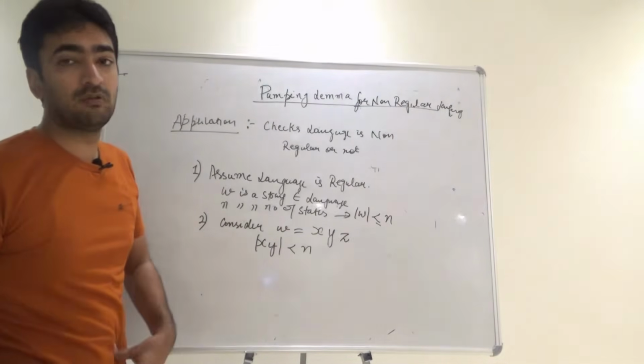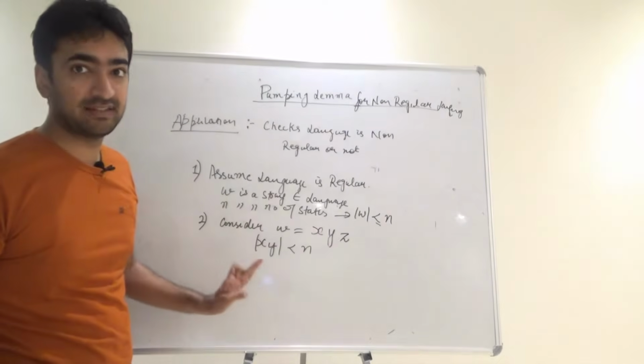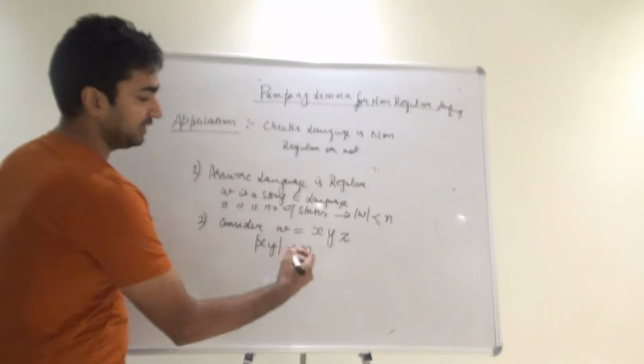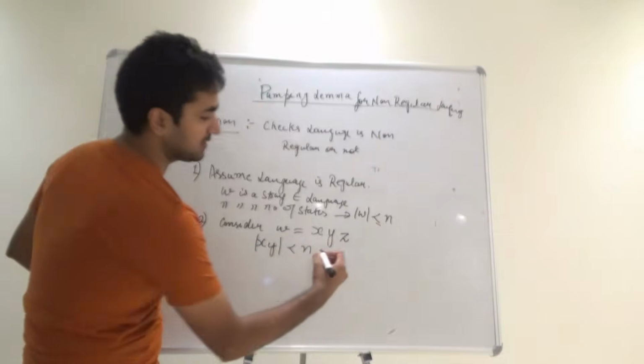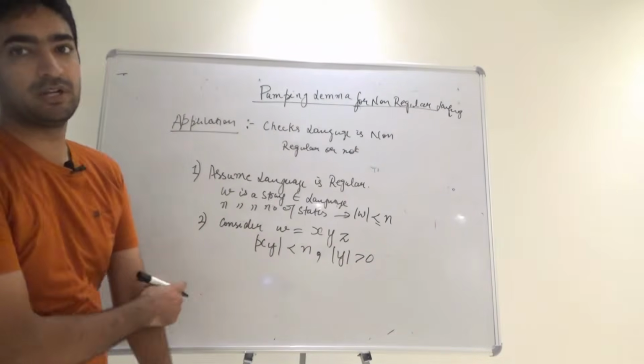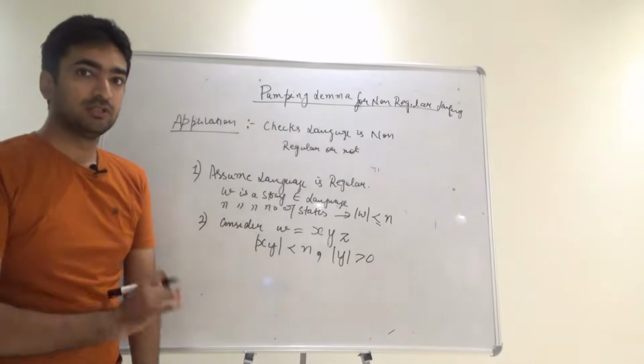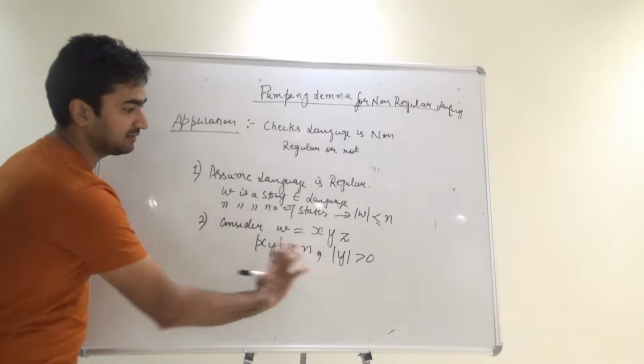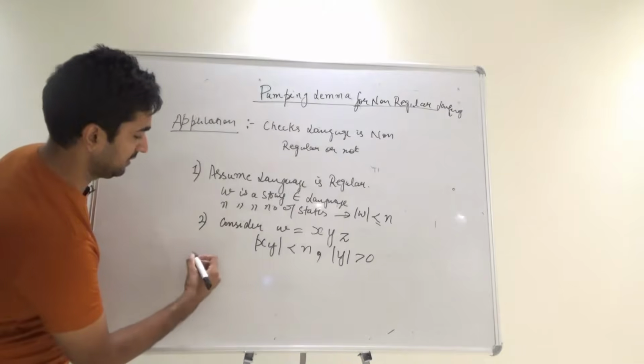We don't know the number of states, so obviously we are putting it as n. And secondly, importantly, the length of Y should be greater than 0. This is very important. So this is my second assumption in this particular case.